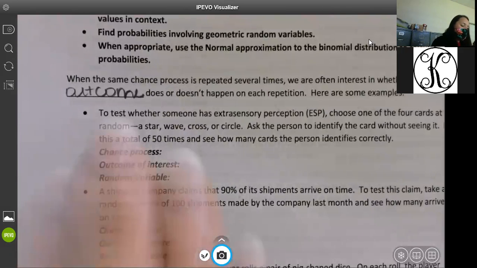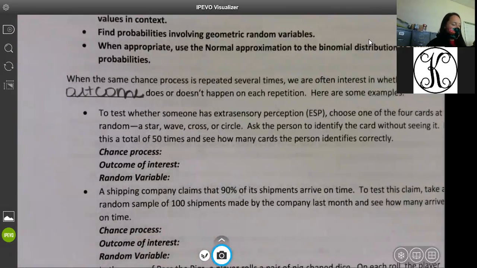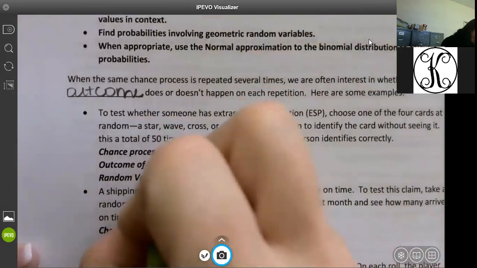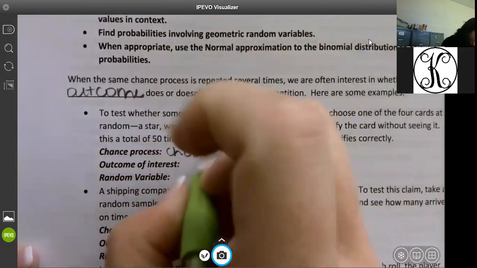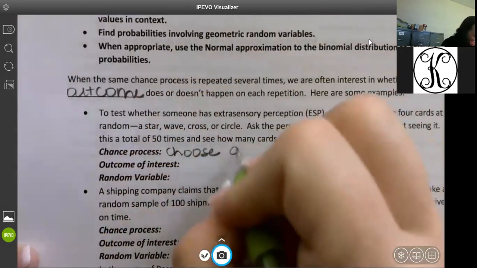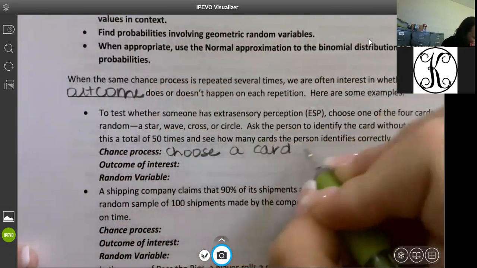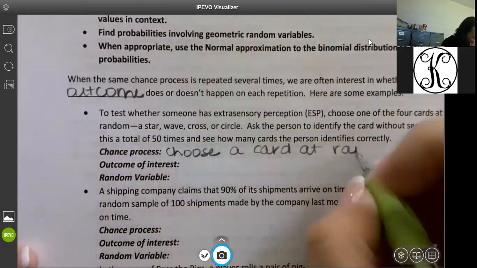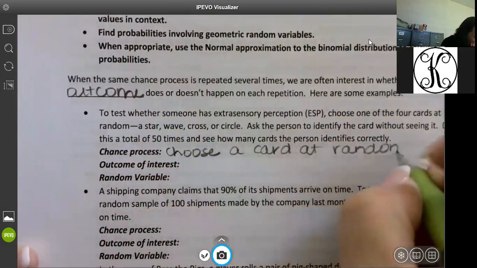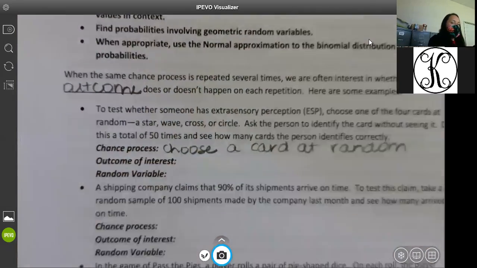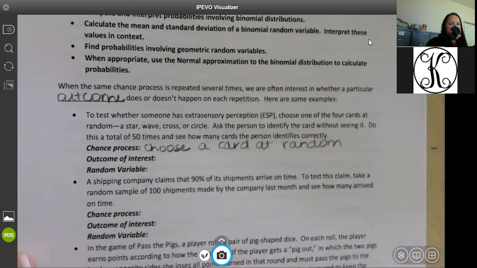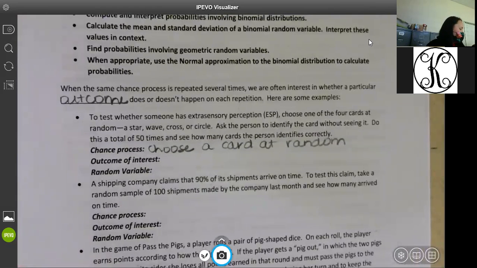So the chance process, I'm going to do it for the first one, and then I'm going to ask you about the next ones. So the chance process is we're going to choose a card at random. Your outcome of interest is what you want to happen.